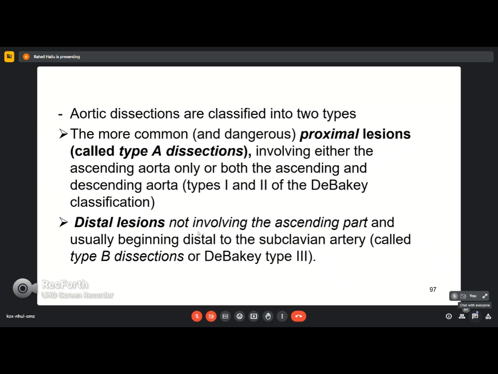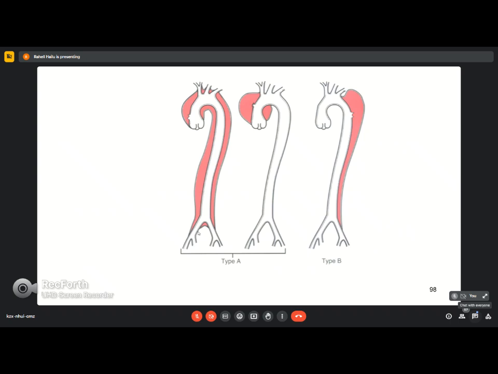And they can be classified into two types, proximal lesions and distal lesions. The proximal lesions are the type A. These are the lesions affecting the proximal aorta, involving the ascending aorta, and they may stay there or progress.